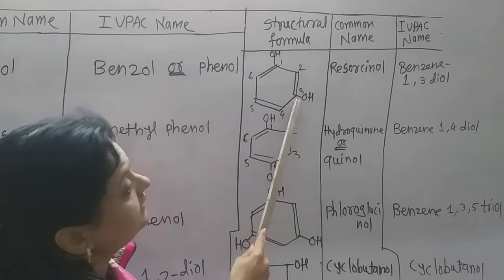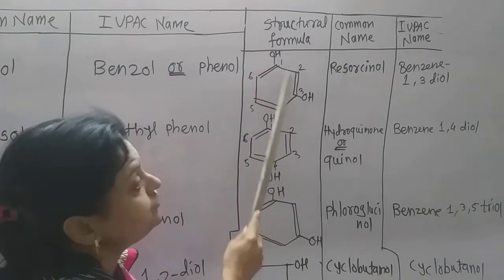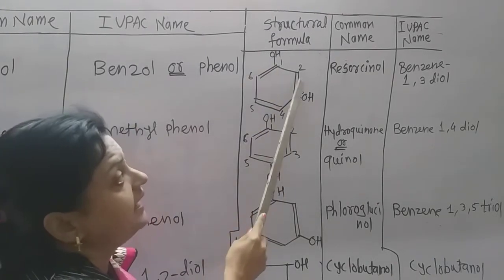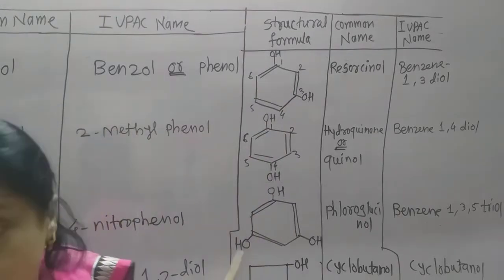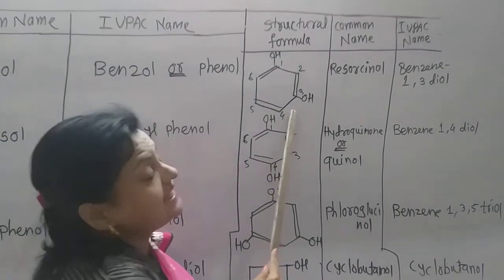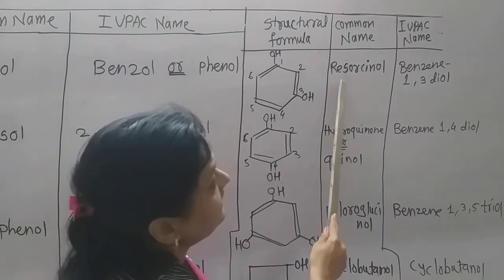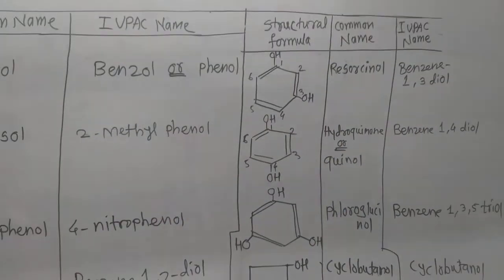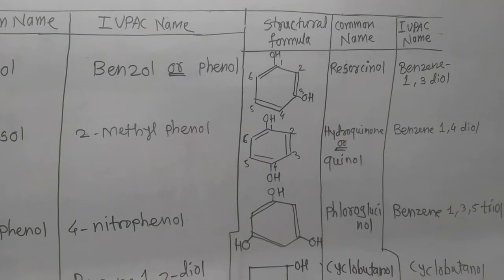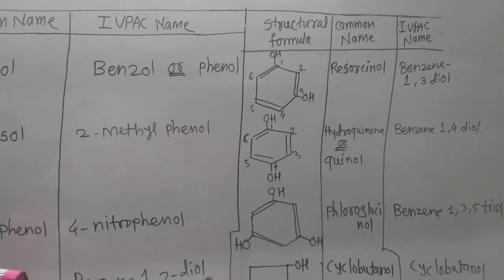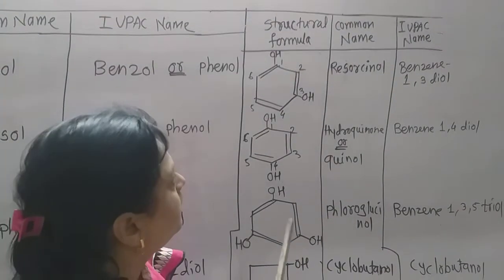The positions of the OH groups are on the first and third carbon atoms. So the name is given as benzene-1,3-diol. But commonly it is called resorcinol.